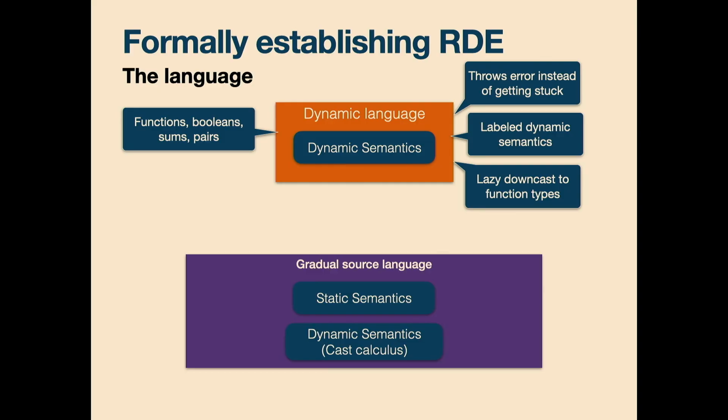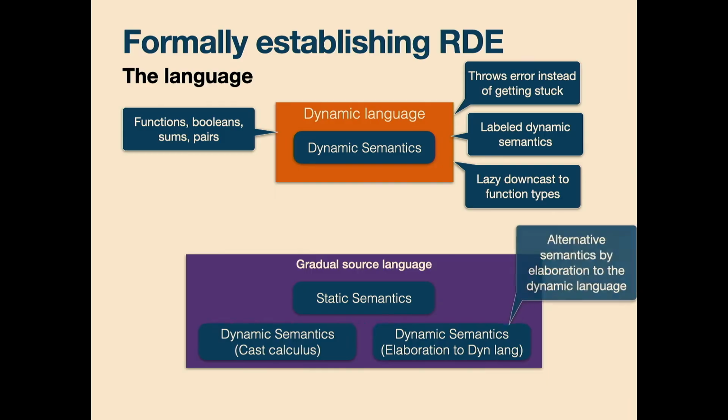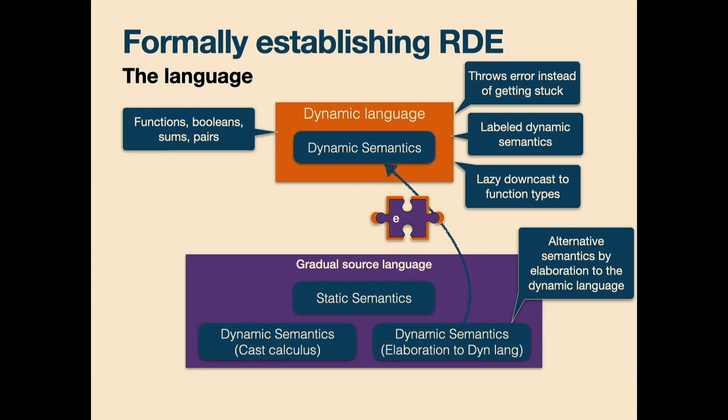And then we define the Gradual source language, which is comprised of static semantics and dynamic semantics with a cast calculus. But instead of making all the theory on this cast calculus, we instead provide alternative dynamic semantics where we elaborate Gradual languages into the dynamic language, thanks to getting errors instead of getting stuck.